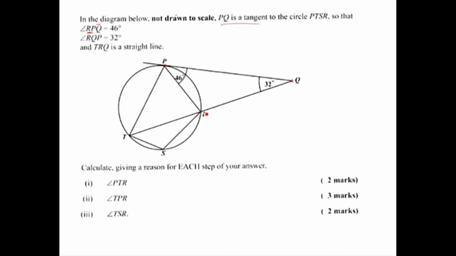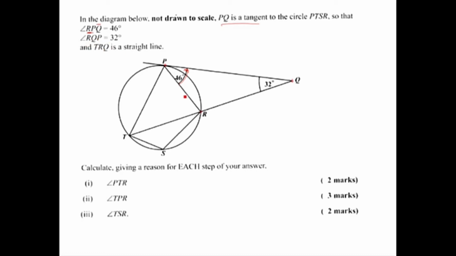So we had R, moving on to P, and turn to go down to Q. So this angle they're looking at is right here. This angle here is 46 degrees.